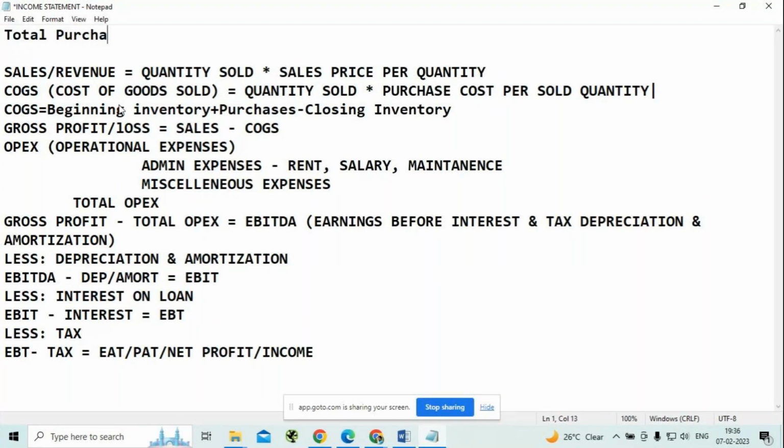Total purchase was 1,000 quantity into 20 per quantity. So the total purchase cost is going to be 20,000.